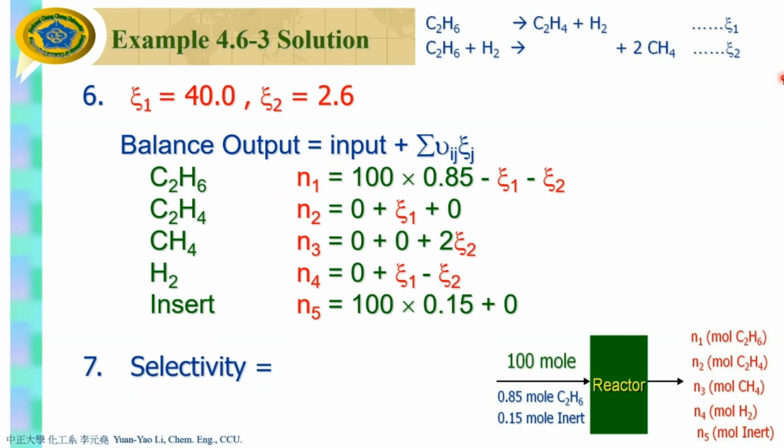Now you want the selectivity from C2H4 to CH4, so C2H4 divided by CH4. That will be N2 divided by N3. And knowing Xe1 and Xe2, you can work out N2 and N3.